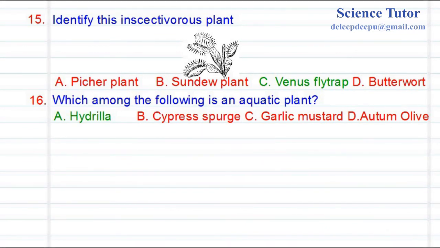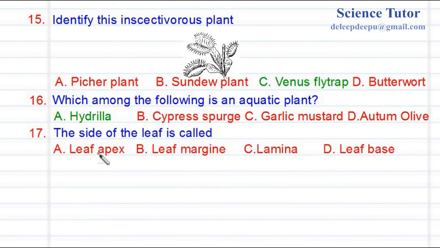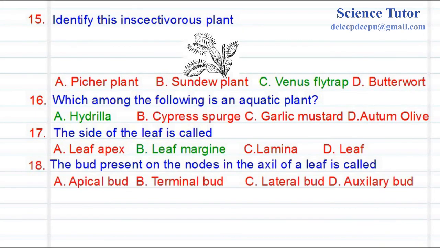Hydrilla is the answer. Next is the side of a leaf is called leaf apex, leaf margin, lamina, or leaf base. This question we already discussed. The side of the leaf is called leaf margin. The 18th question. The bud present on the knots in the axil of a leaf is called apical bud, terminal bud, lateral bud, or axillary bud. Here the answer is D, axillary bud.